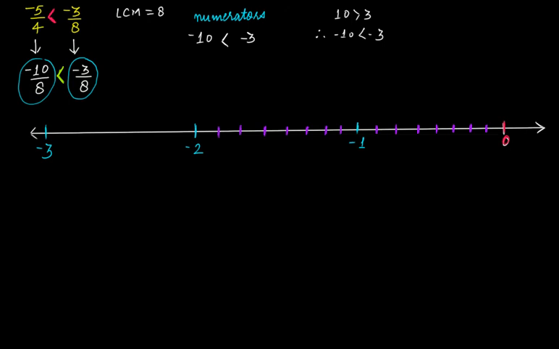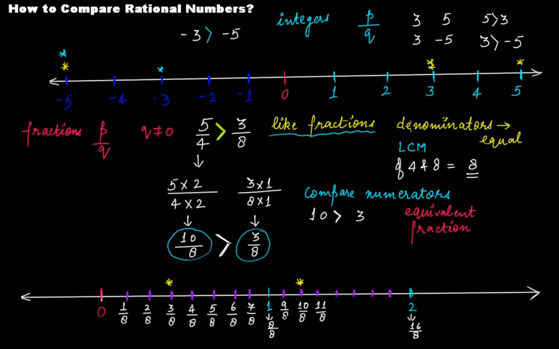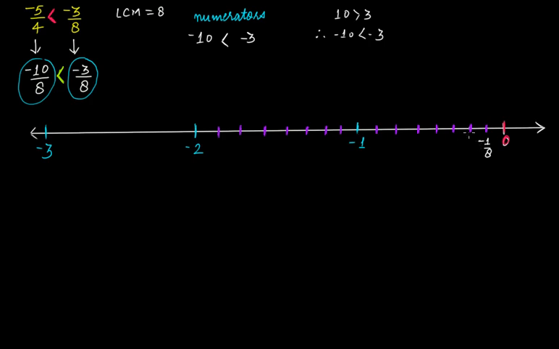Now let's plot them. This is 0. This is actually minus 1 over 8. Same thing what we have done here. You have to just reverse it on the negative to the left side. Only you have to put this negative sign here. This becomes minus 2 over 8. This becomes minus 3 over 8. This becomes minus 4 over 8.